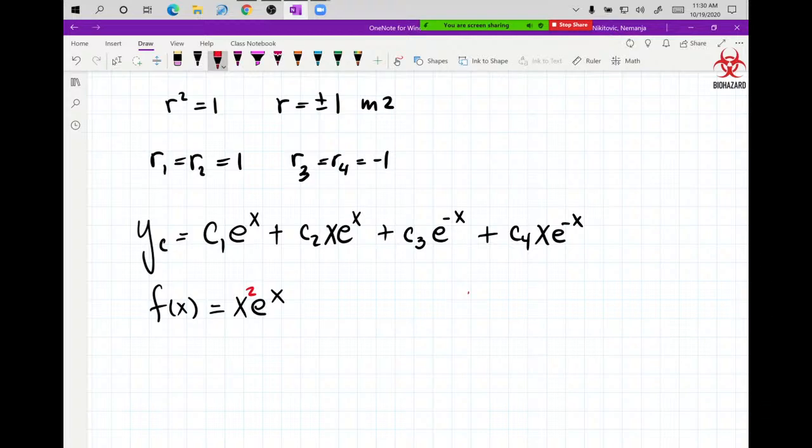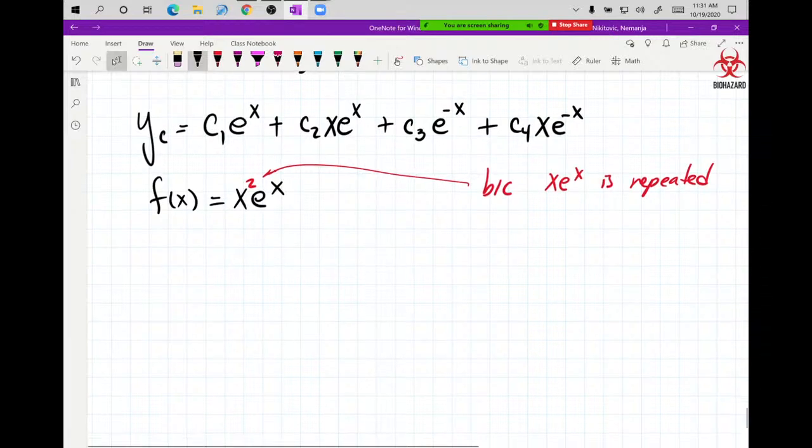I'll point the arrow at it, and I will say, because x e to the x is repeated, we need, obviously, the next order of x, as x squared. All right. Let's go. Derivatives.